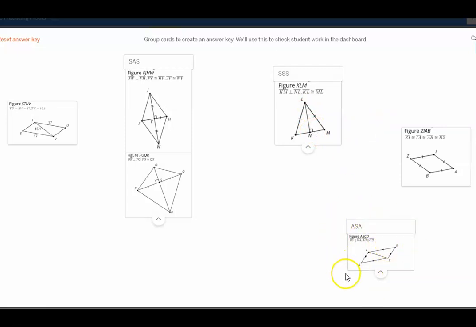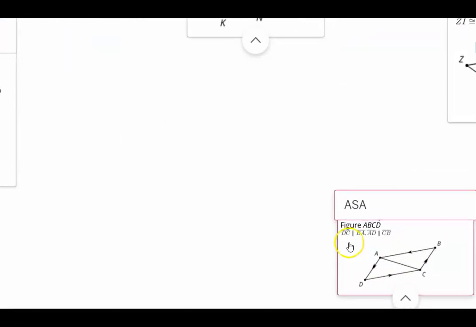This bottom one here, angle, side, angle. So we can see that these sides are congruent. This is very small. Oh, there we go. So DC is parallel to BA, and AD is parallel to CB.